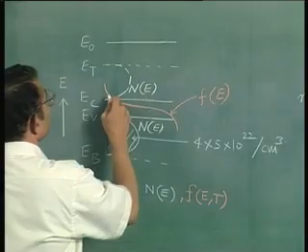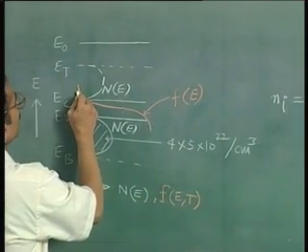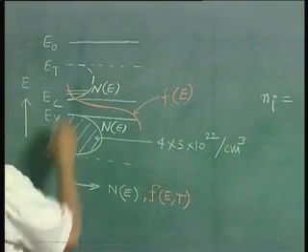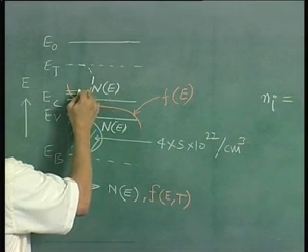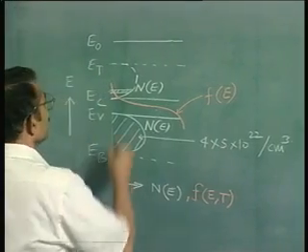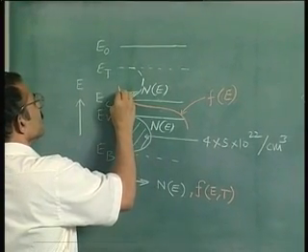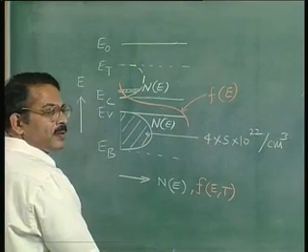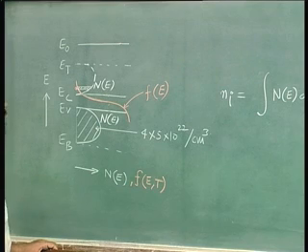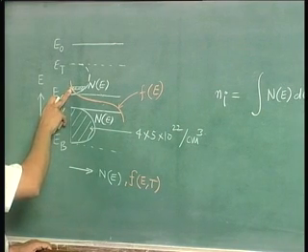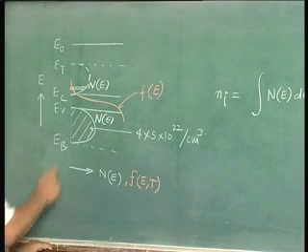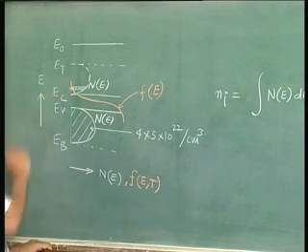So if I were to take the conduction band here, that is the interval dE, the shaded area is the Ne into dE, and this small area here, that is Ne dE into the Fermi-Dirac fraction, and that small area represents the number of electrons or occupied states in the conduction band. So you integrate from EC to ET to get the total number of electrons.